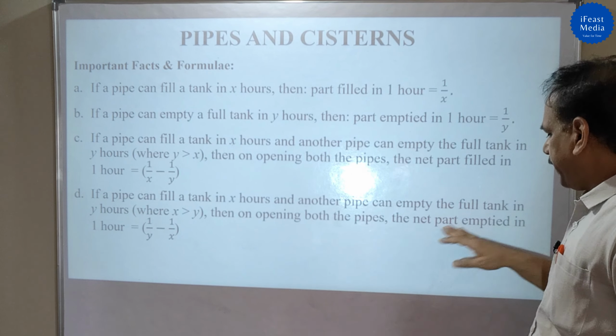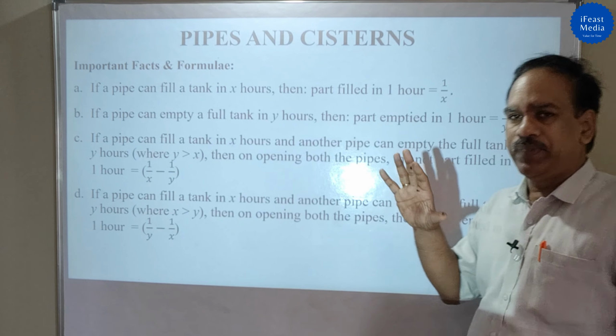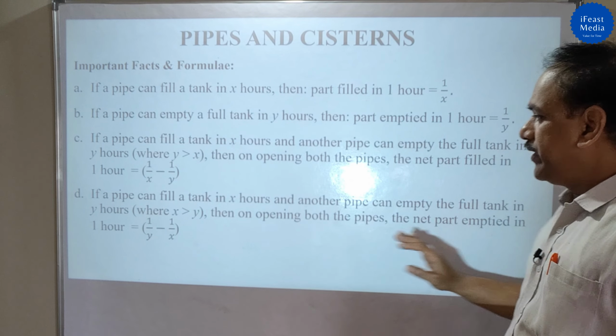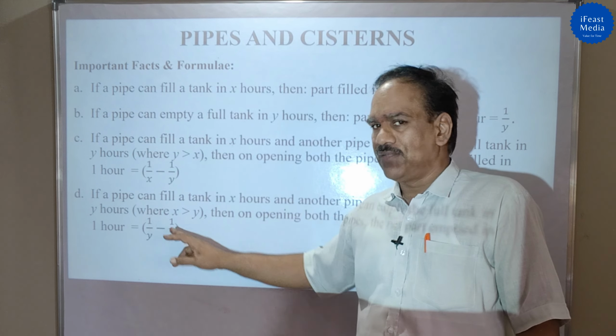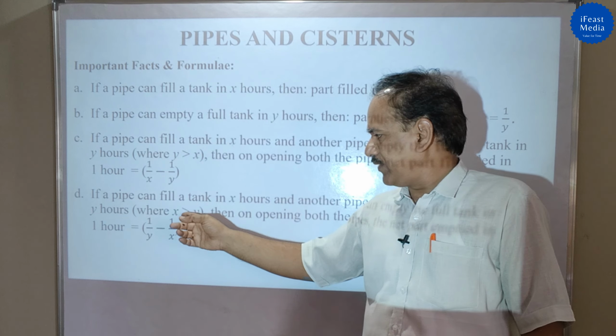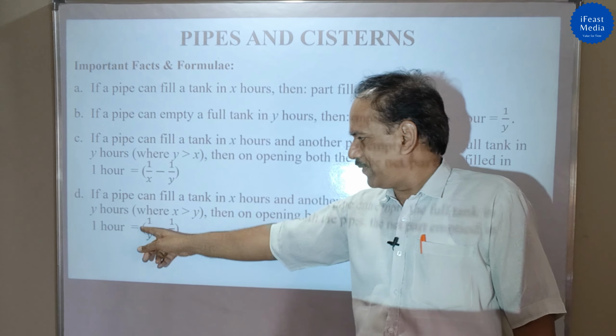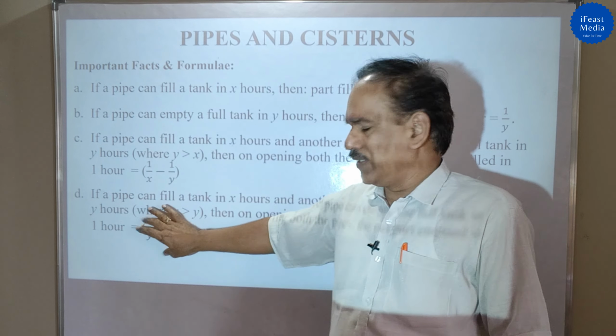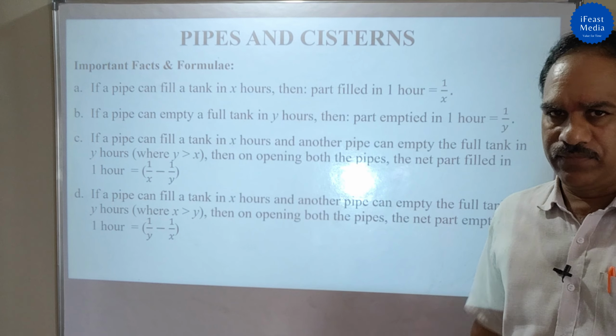So the net part emptied, finally the cistern is going to be emptied after some time. The net part emptied in 1 hour is 1 by Y minus 1 by X. Because X is greater than Y, we use 1 by Y first: 1 by Y minus 1 by X. So this much part is going to be emptied in 1 hour.